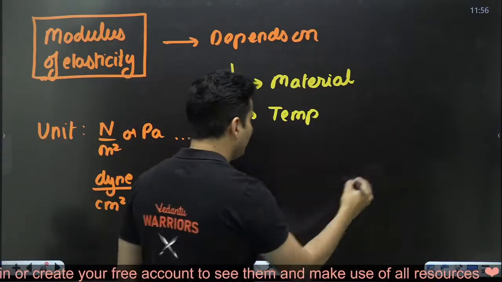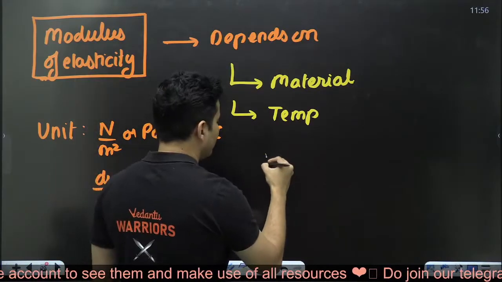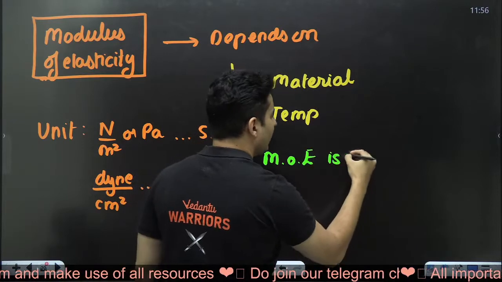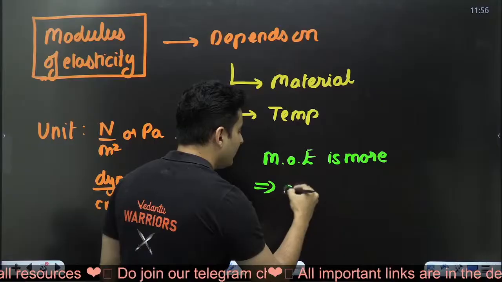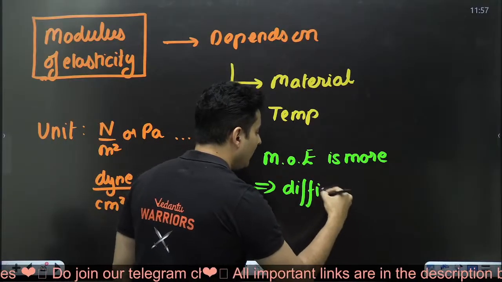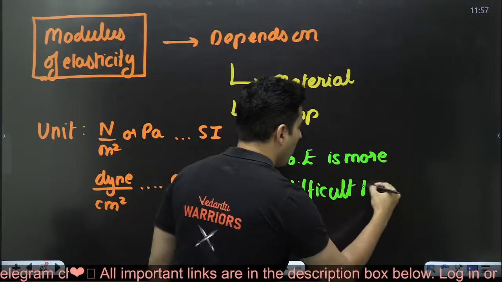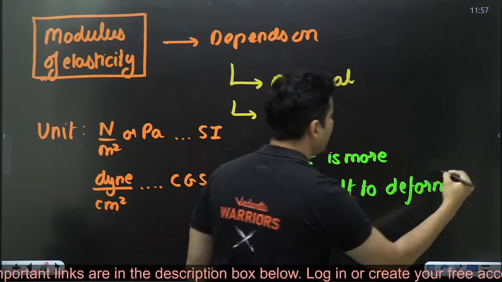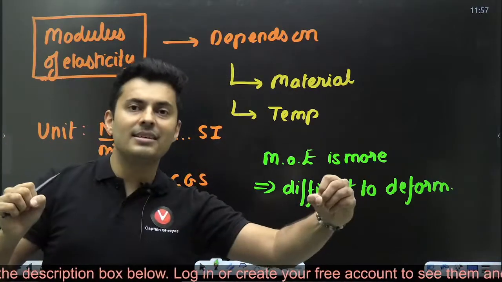Also keep this in mind. If this modulus of elasticity is more, then what does it tell you? It is difficult to deform it. It is very difficult to deform it. If the modulus of elasticity is less, it is very easily stretchable.